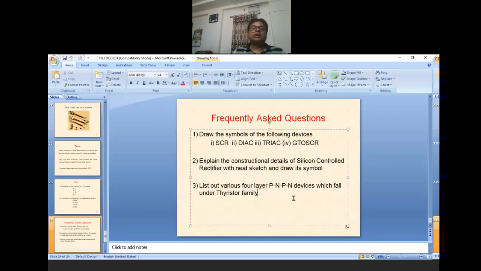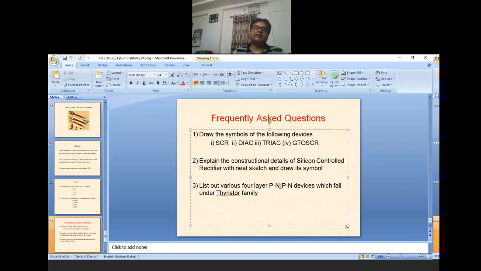And go through the following for understanding the concepts and also for preparation for the assignments and exams. Some of the frequently asked questions are: draw the symbols of the following devices: SCR, diac, triac, GTO. Explain the construction details of silicon controlled rectifier with neat sketch and draw its symbol. List out various 4 layer PNPN devices which fall under thyristor family.